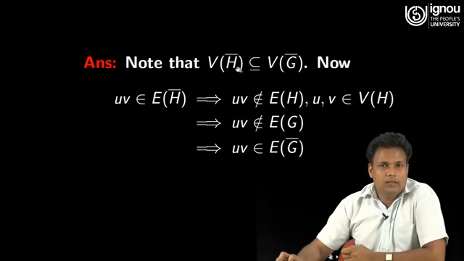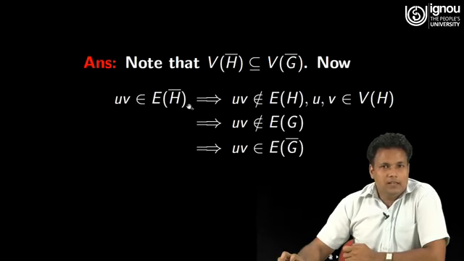We are given that H is an induced subgraph of G. So, it follows that V(H bar) is a subset of V(G bar). Now, we shall show that E(H bar) is a subset of E(G bar). So, we pick any edge UV in H bar.